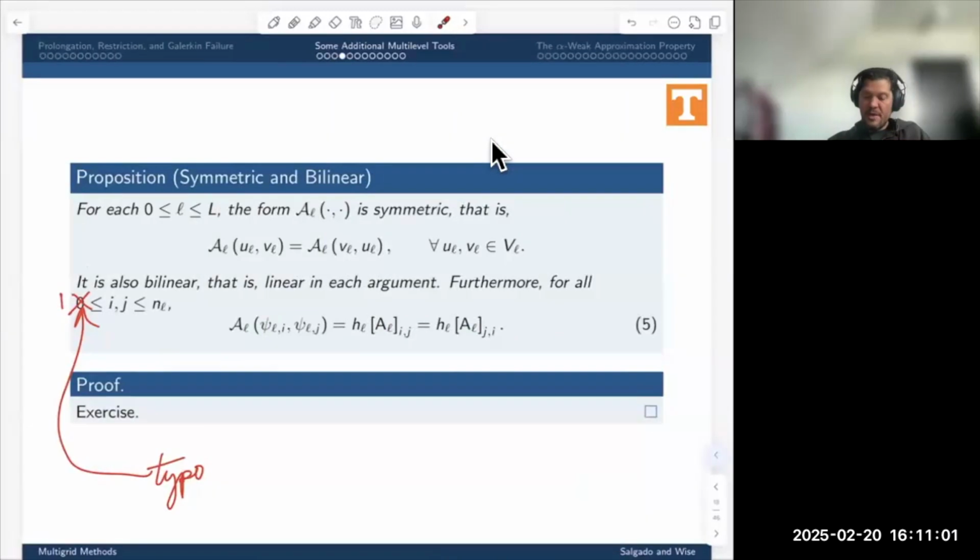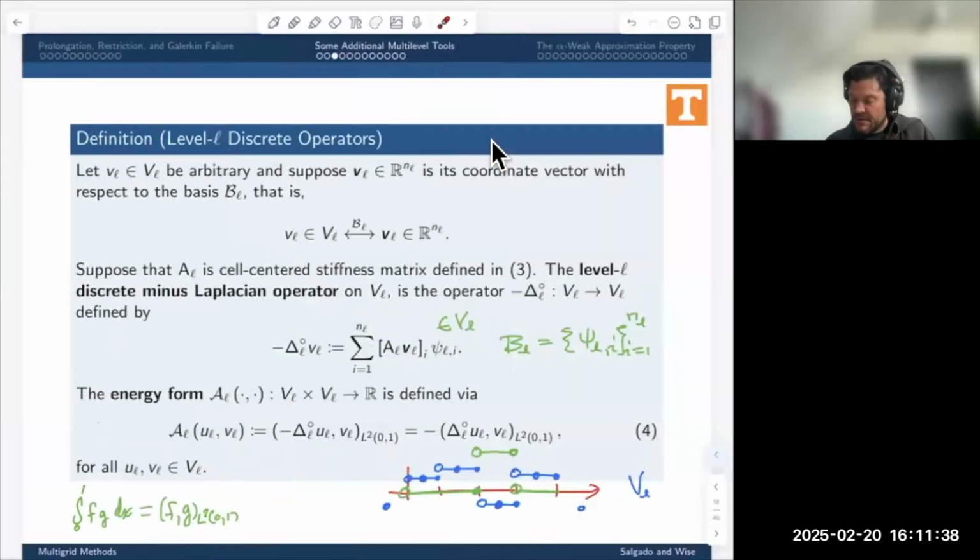I argued that you can prove that this energy bilinear form is symmetric. So it's a symmetric bilinear form. And it is actually bilinear, that is linear in each of the first and second arguments. And furthermore, there's this interesting property that if for these functions from VL, I put in basis functions. Remember, my basis functions are 1 on certain cells, and 0 on every other cell. This green function here is an example of one.